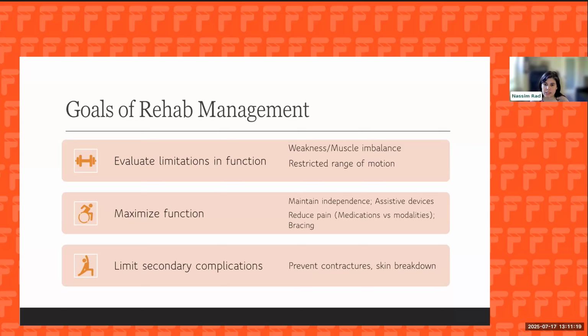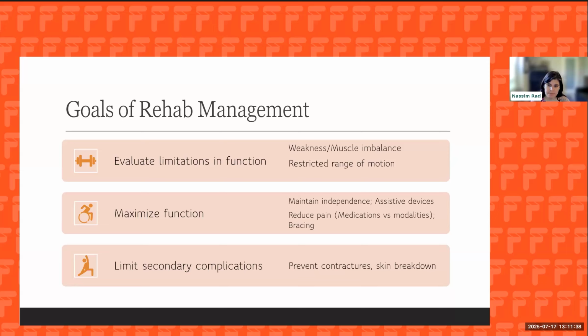How do we use assistive devices correctly so that you are more independent? How do we reduce pain that is a function of that muscle imbalance and restricted range of motion? And when are other modalities such as bracing appropriate?